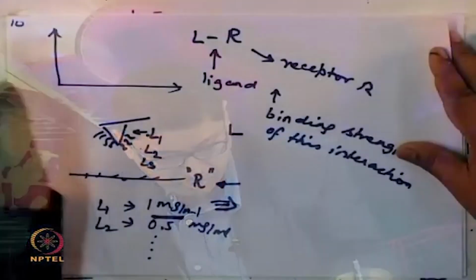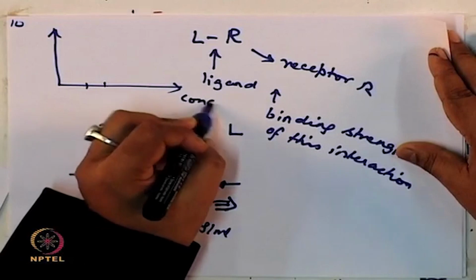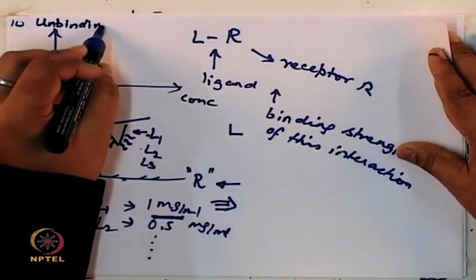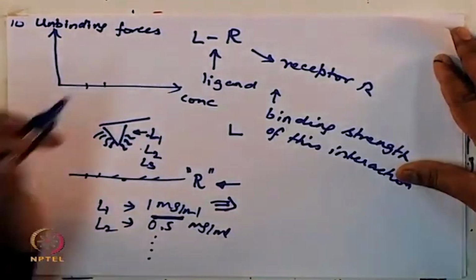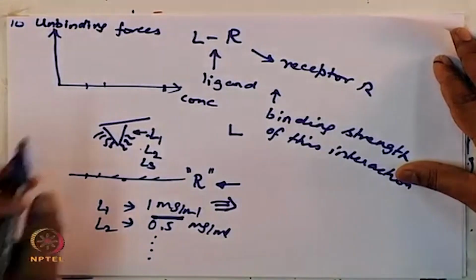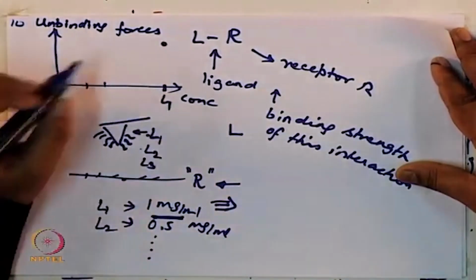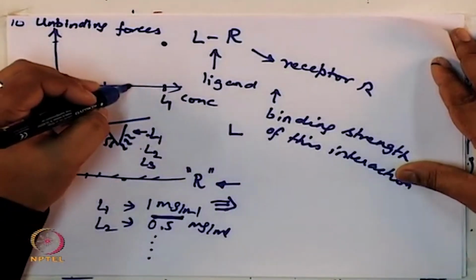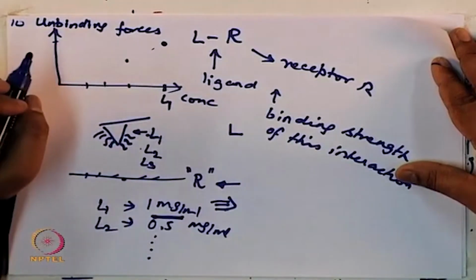Let us say I plot the unbinding force. This is my concentration axis, and I plot the unbinding forces that I measure using an AFM. At a very high concentration, logic would dictate that if at L1, my highest concentration, I get this particular force, then at L2, which is at half concentration, on average I should see a lower force.